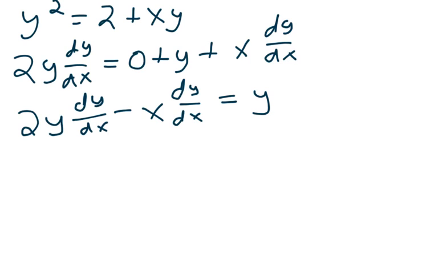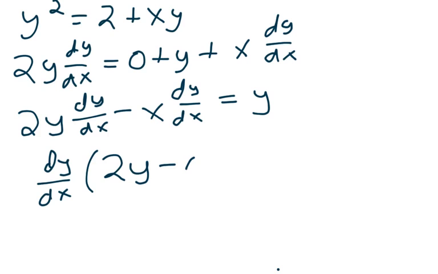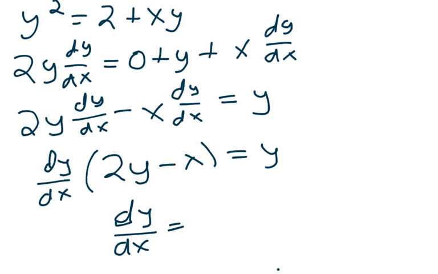And now we can take out the dy over dx and leave 2y minus x equals y. What you want to do is divide the entire problem by 2y minus x, leaving us with dy over dx equaling y over 2y minus x, therefore proving that it does make sense.